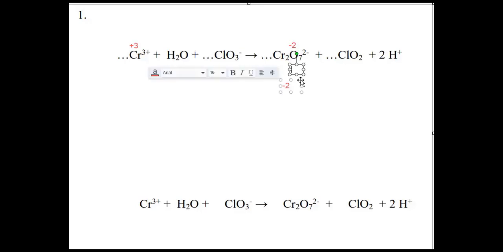I'm pretty good at multiplying that. I wouldn't even get my calculator out. That's -14. So the oxygens have got this -14 to control with. The chromium is going to end up having to have a total oxidation control of +12, both of these chromiums, because we've got to add up to a -2.